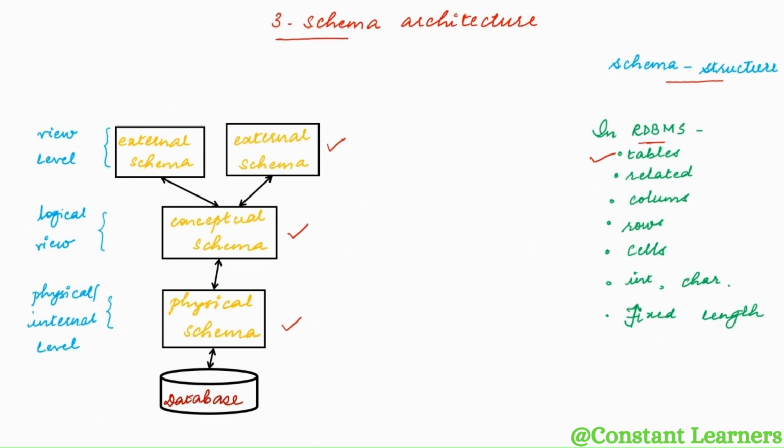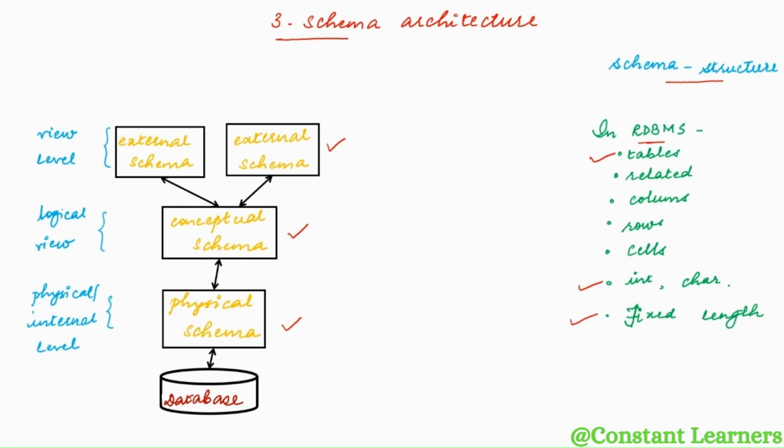So, declaration of these databases, the tables, the columns, primary and foreign key, how the data will be stored inside each table, inside each column, whether it will be an integer or a character, what should be the length of data inside each cell. All of these are decided in the schema or the structure of the database. I hope that this much was clear.